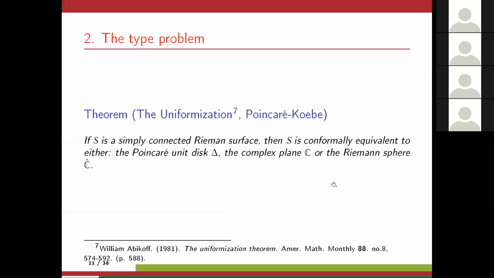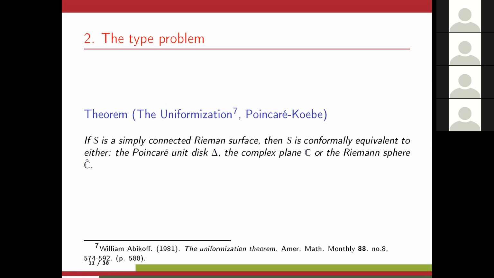By the uniformization theorem, there are only two types of simply connected open Riemann surfaces, represented by the Poincaré unit disk and the complex plane.